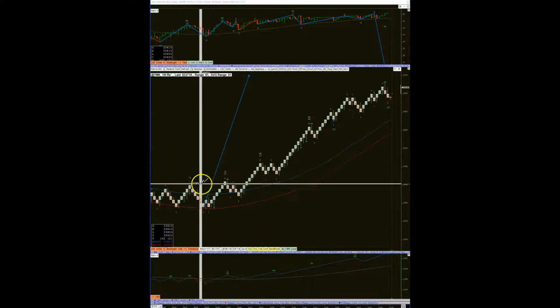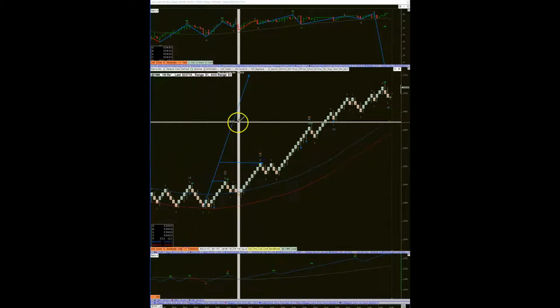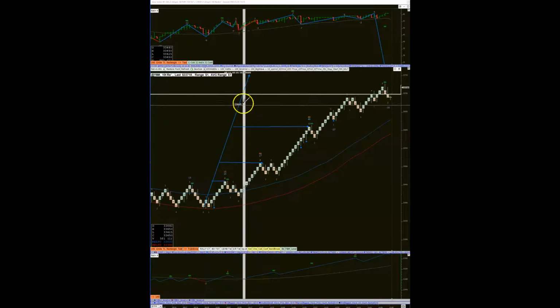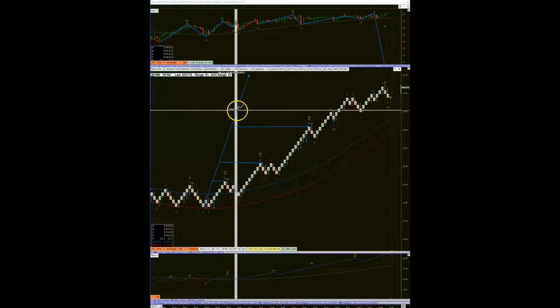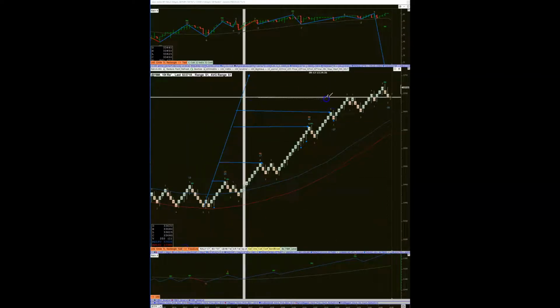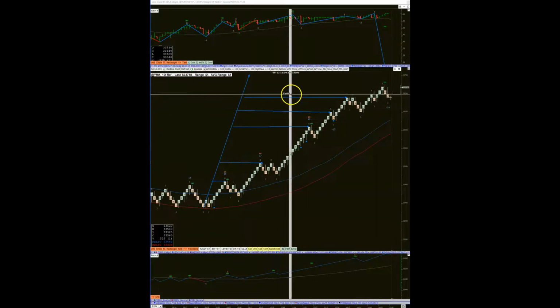Good thrust, good thrust, good thrust, excellent thrust. You can see the distance between the lines measures the thrust.